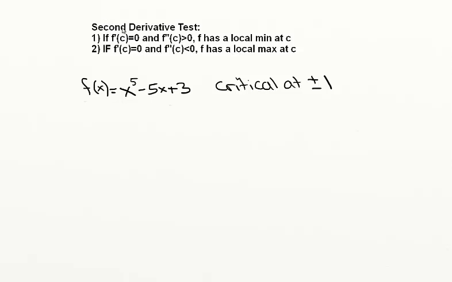The second derivative test says if the first derivative is 0, so that means our critical points, plus or minus 1, those were both points where the derivative was 0, and if the second derivative is greater than 0, meaning the function is concave up, and a function that is concave up looks like this, then f has a local minimum at c.